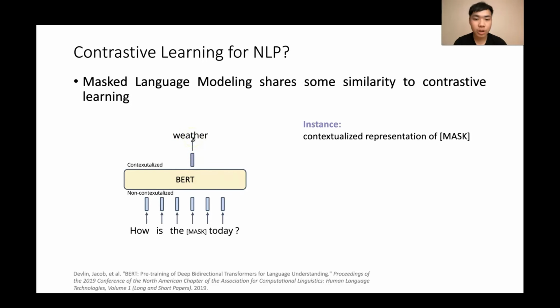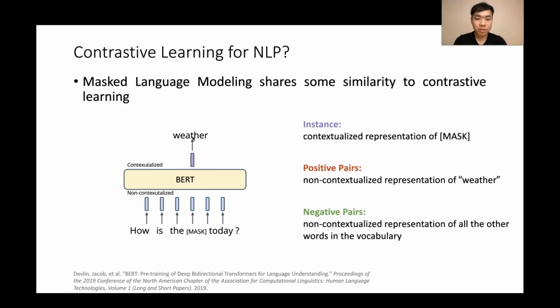So here, our input instance is the contextualized representation of the mask token, and we want to match this representation to the non-contextualized representation of the correct answer, weather. So we can see these two representations as a kind of positive pair.